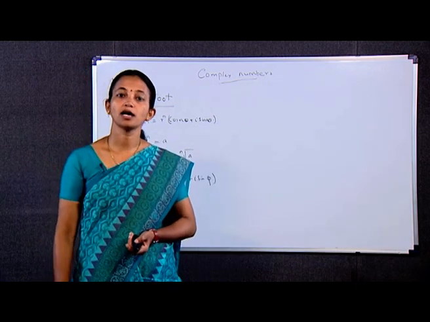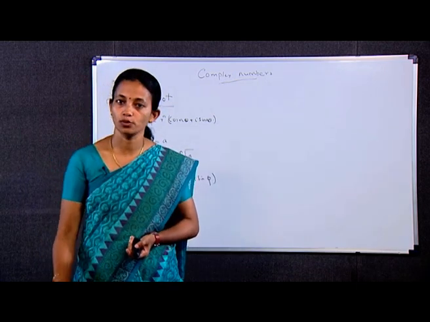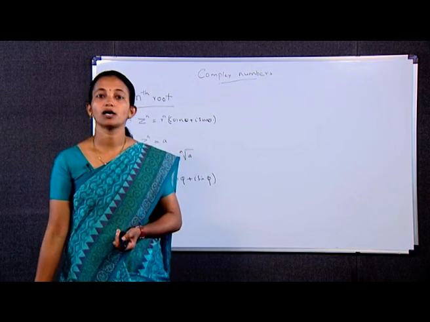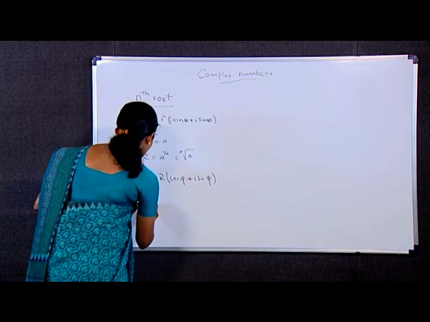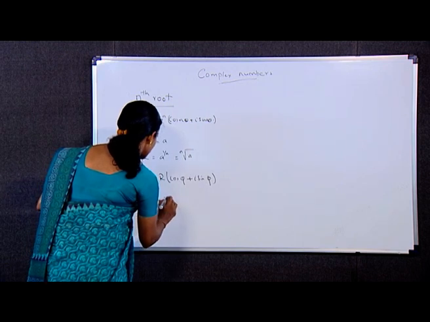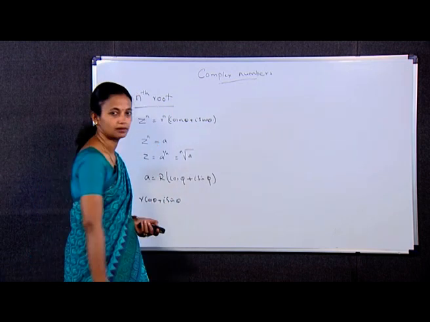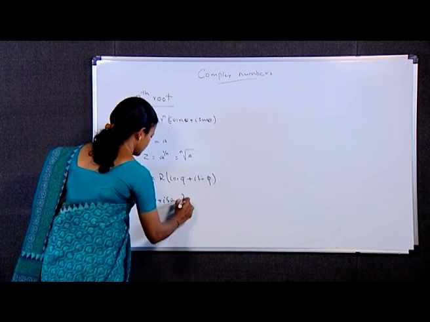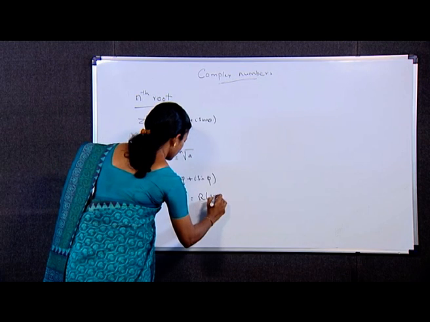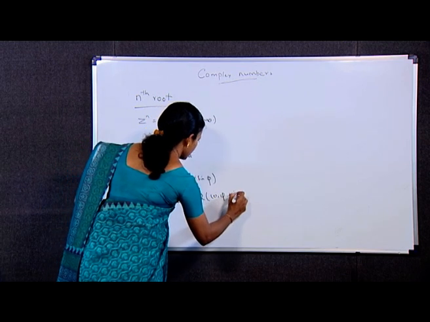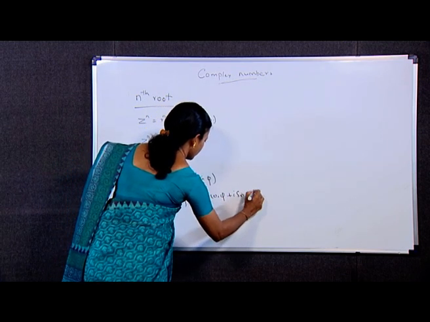Then (r (cos theta plus i sin theta)) raised to n is equal to R (cos phi plus i sin phi).